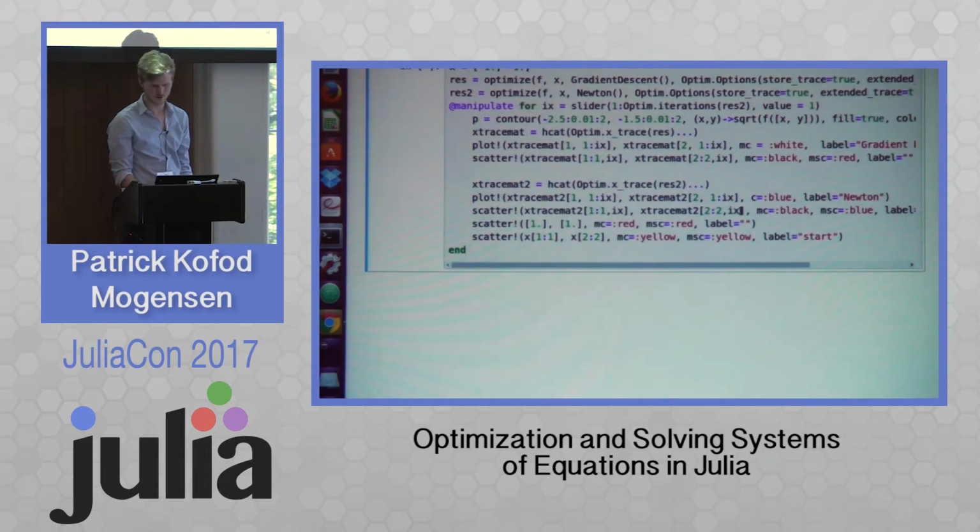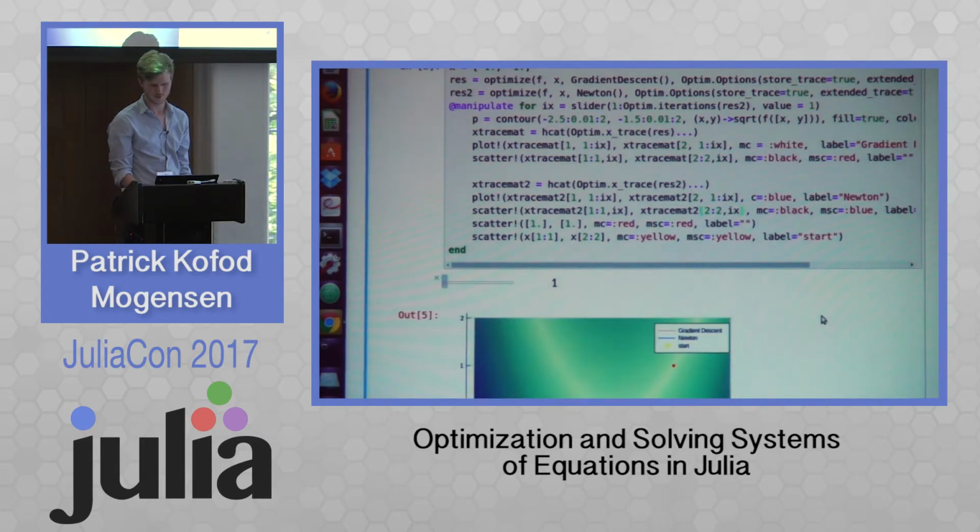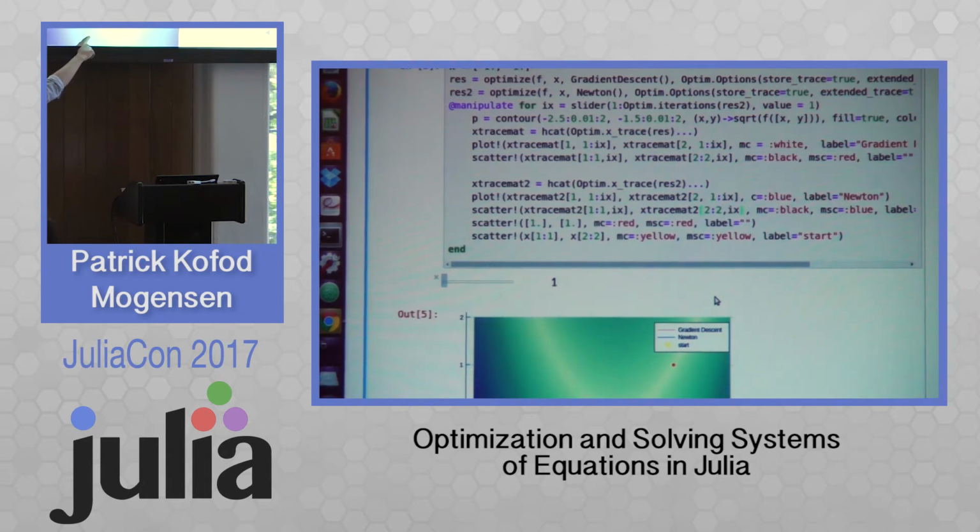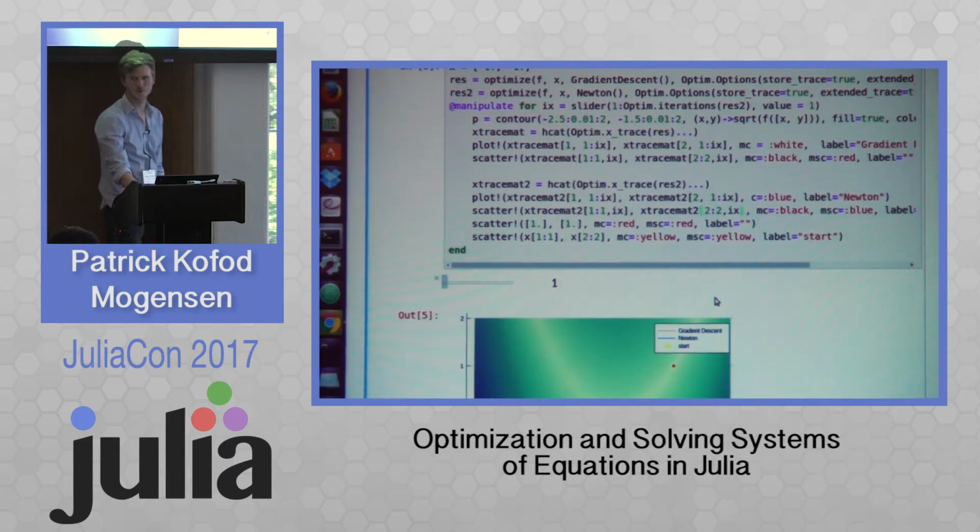Let's try from the other starting point, -1, -1. This time you can't see the first axis, but that doesn't matter too much. We're going to start down here and see how gradient descent does and how Newton's method does. Again, the slider is the number of iterations.